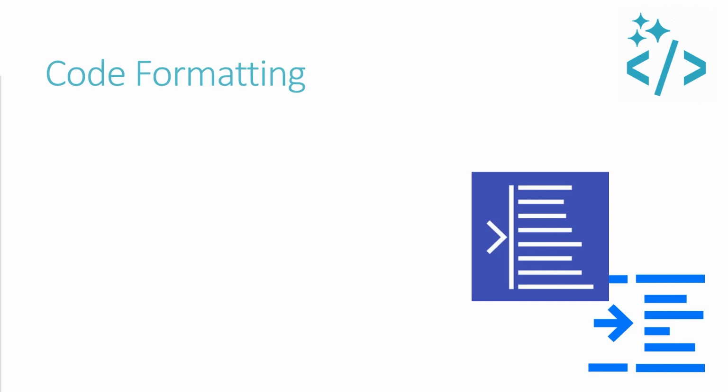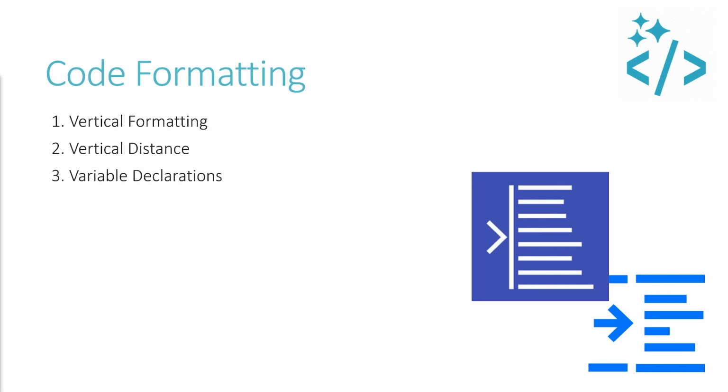Next, we're going to talk about code formatting. Formatting of the code is very important because it helps the readability of the code. We'll talk here about vertical formatting, so the space between lines of code, the distance. We also have formatting on how variables are declared and dependent functions. Dependent functions should be declared one below the other so that they are more readable.